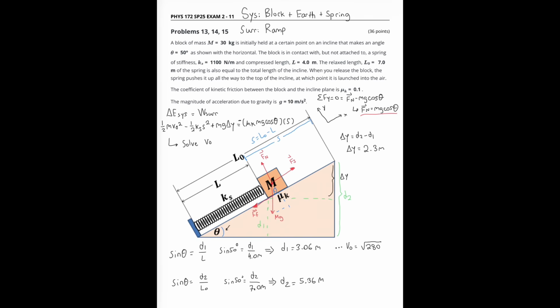And when you take the square root of that, you will get approximately 16.7 meters per second, which we will use for parts B and C.